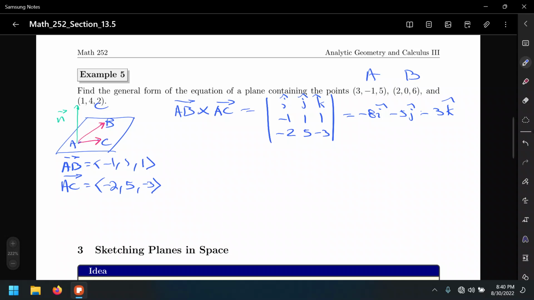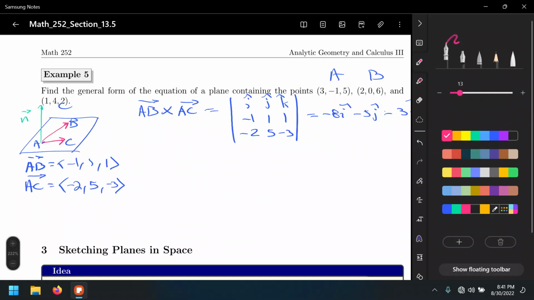For the next step, now that we have the vector, the other piece of information that we need is a point. All right? But which point are we going to use? Well, number one, the picture helps. So we usually write that normal vector as having as an initial point the point A. But it doesn't matter actually.